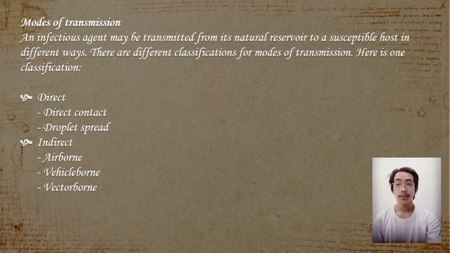Lastly, vector-borne transmission. Vectors are living organisms that can transfer pathogenic microorganisms to other animals or locations, and include arthropod vectors. Examples of these are mosquitoes, fleas, and ticks, and rodents or other vermin.